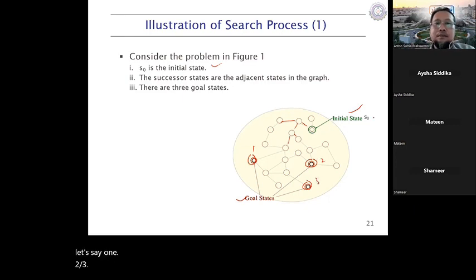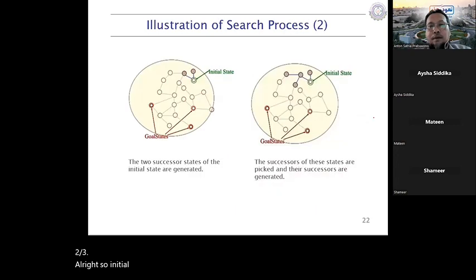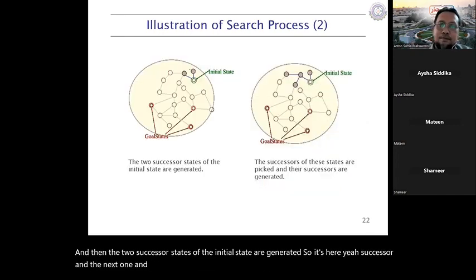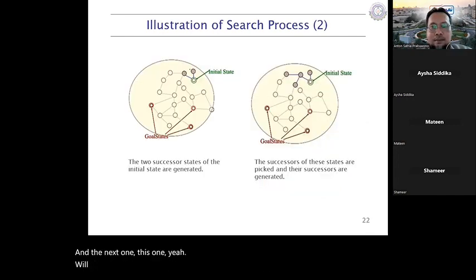So the initial state is 0, 0. And then the 2 successor states of the initial state are generated. Then the successors of these states are picked and their successors are generated.